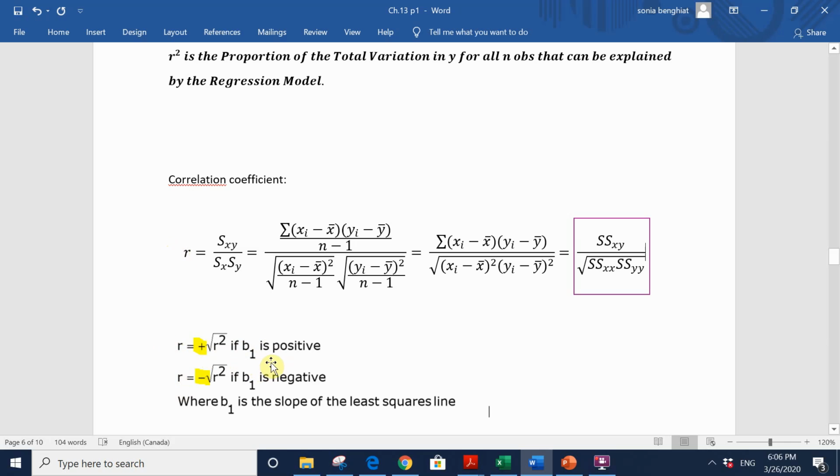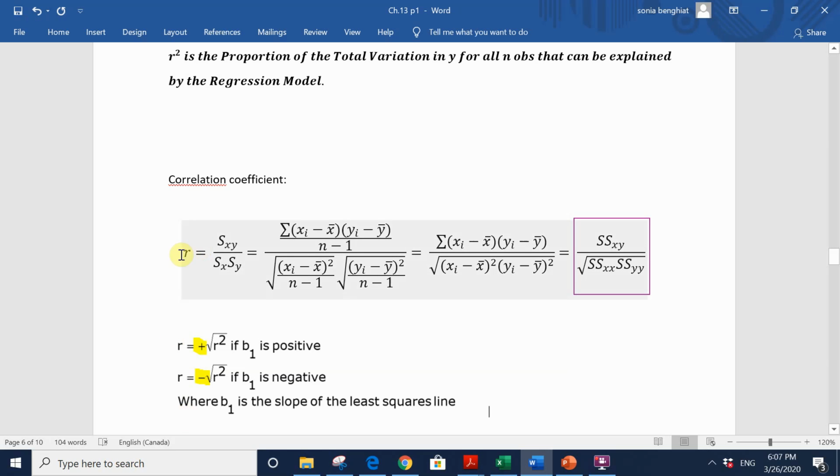If my B1 should be positive, then I will put a positive sign in front of my square root of coefficient of determination. Okay, that's the rule of thumb here. If my estimated slope B1 should be negative, then I will put here a negative sign in front of my square root of coefficient of determination. Okay, so that's just something to know.